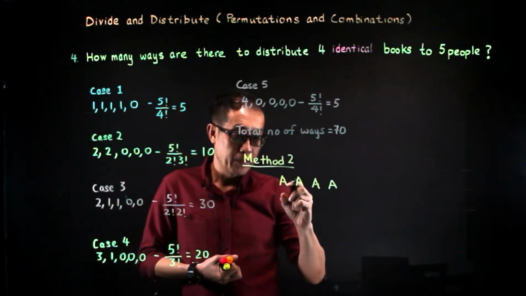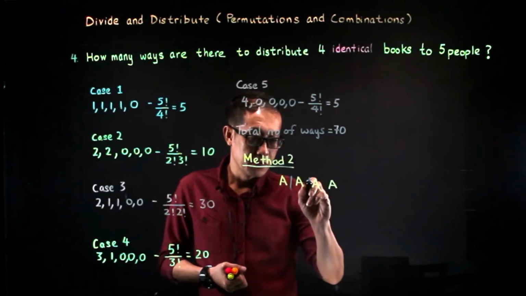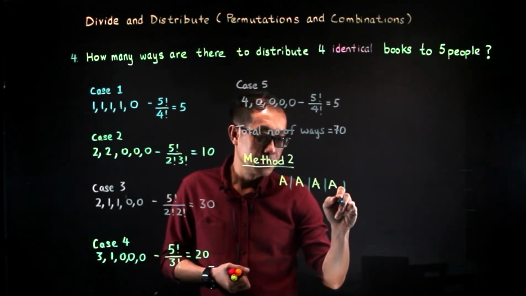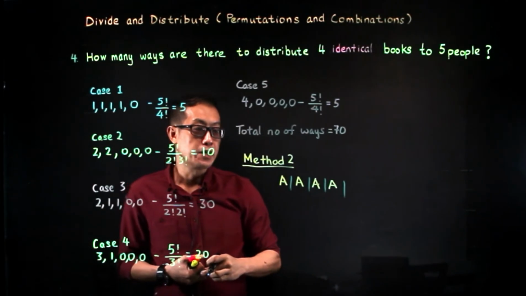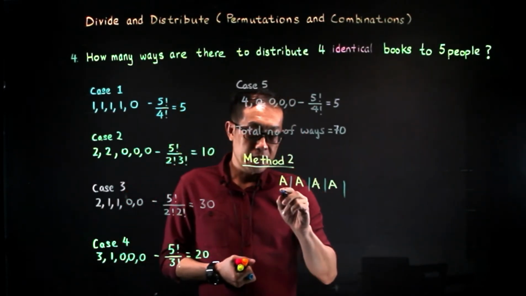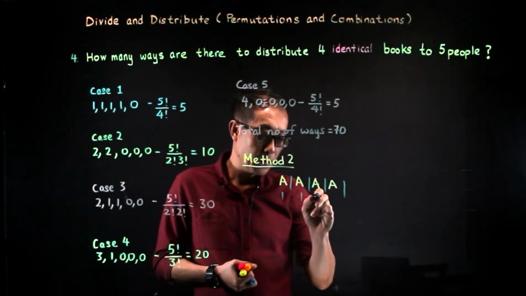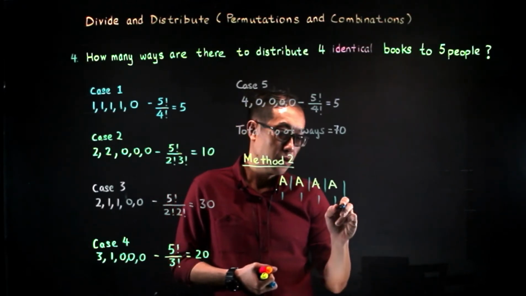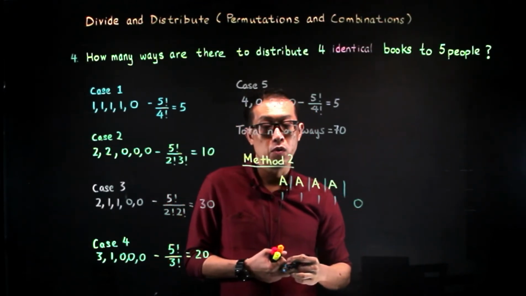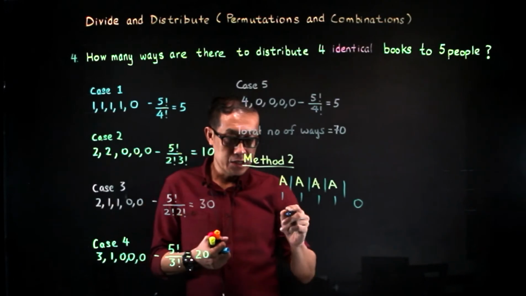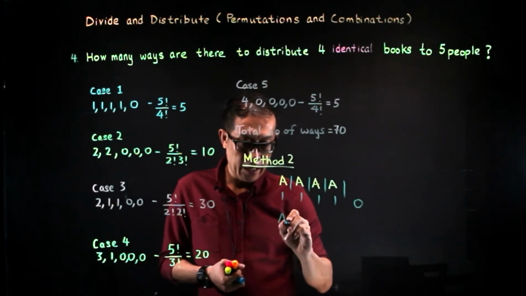Let's say we put the stick this way. What does that mean? That means the first person gets 1 book, second person gets 1 book, third person gets 1 book, fourth person gets 1 book, and the last person gets 0 books. How about this way?